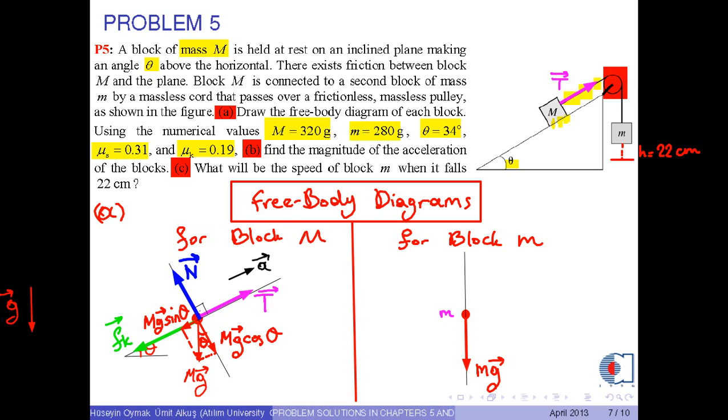The tension force is in the direction pointing along the cord, denoted by T prime, and its magnitude is the same as that of tension force T. Finally, since we choose the direction of the motion in this direction for mass M, then the motion of m is in the downward direction.